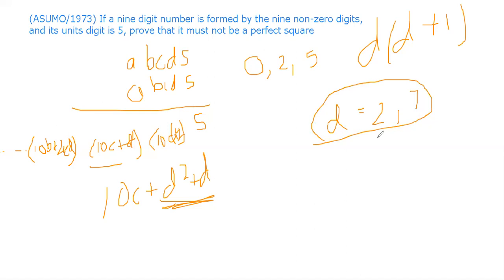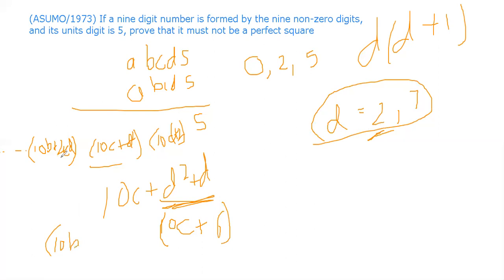Let's assume in case 1 that d were to be 2. If d is 2, it would be 4 plus 2, 6, so this digit would be 10c plus 6. And since 6 does not have a tens digit, c would be carried as it is to the adjacent number. So this would become 10b.